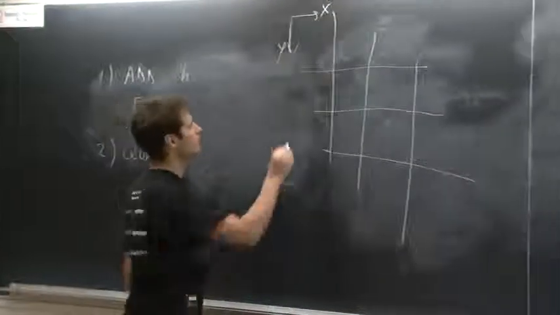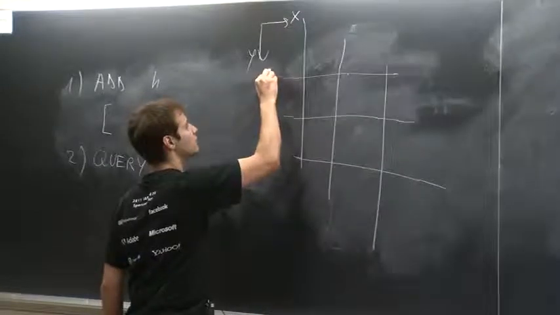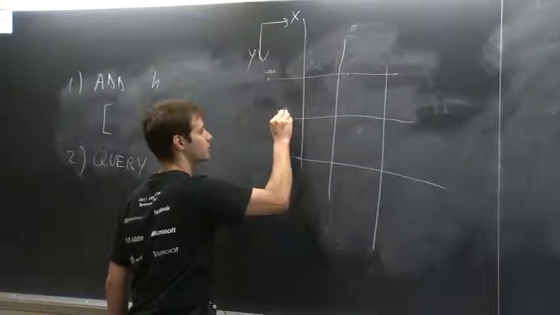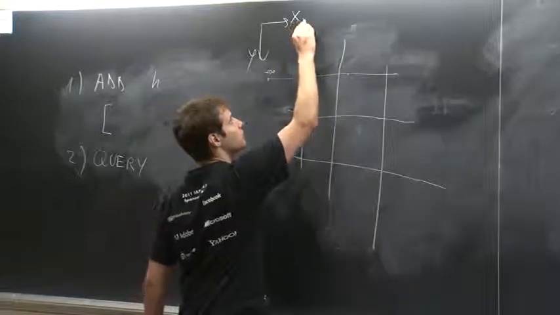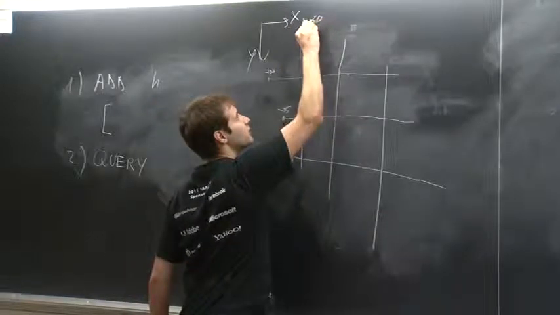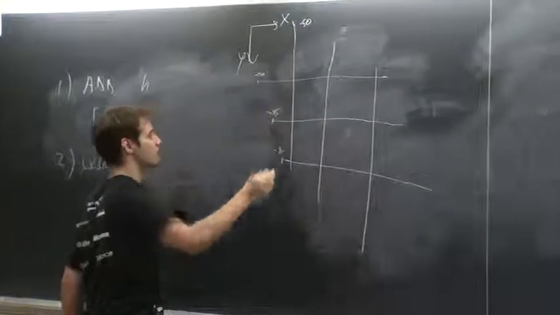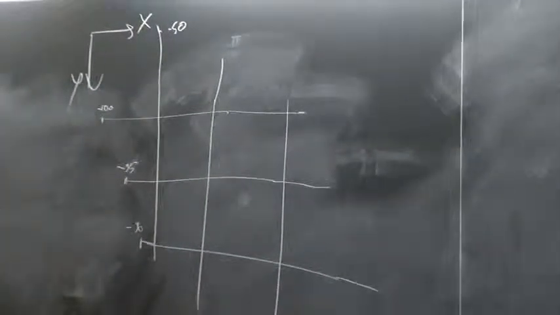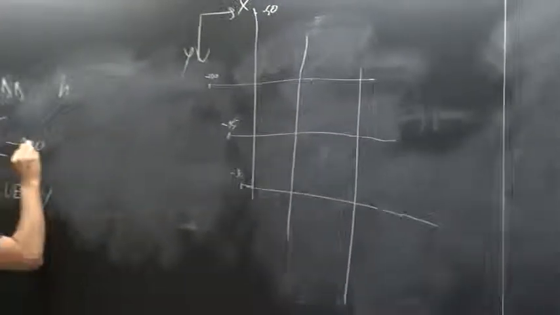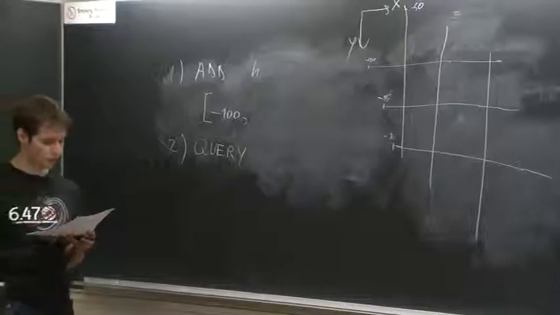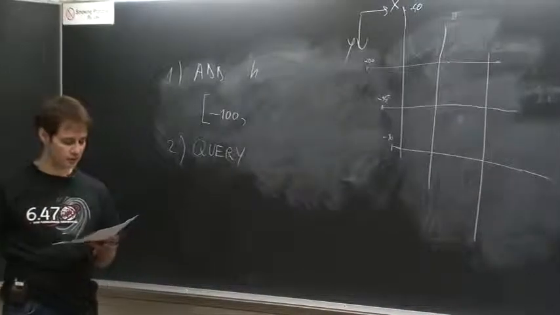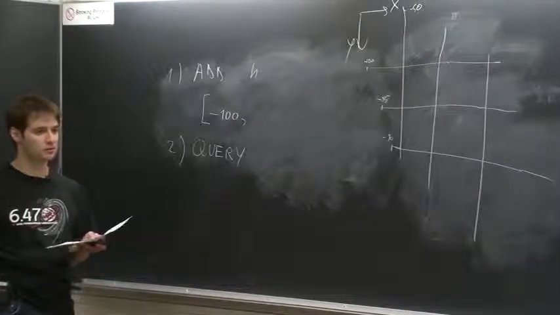So if this segment, for example, starts at minus 100, this one starts at minus 95, this one starts at minus 90, and this one starts at minus 50, by the way, not to scale, then the leftmost point is minus 100, right? So this is the first element in the vector. And that's computed on line 4, where it goes through all the segments, looks at all the x-coordinates, and chooses the minimum.